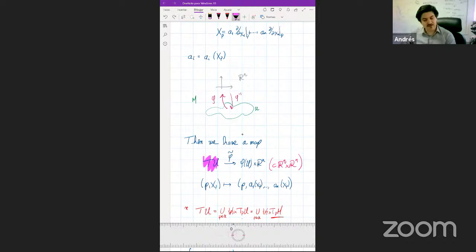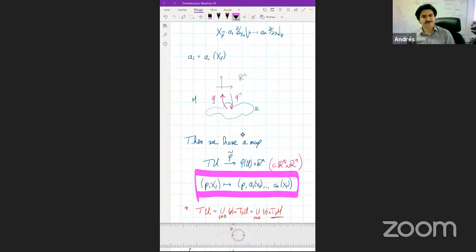So I don't have any restriction on the tangent space, only on the point that only varies in U, not on all of N. So I define this function here, right?